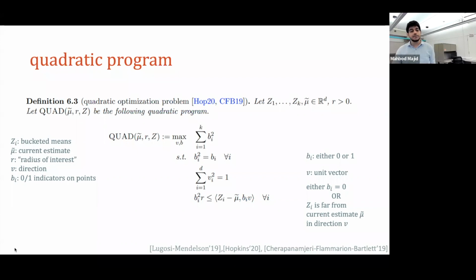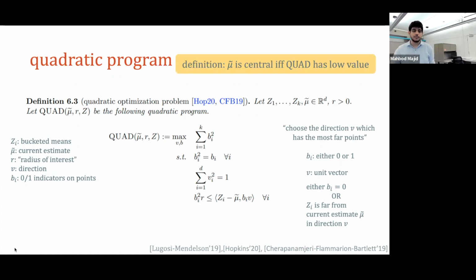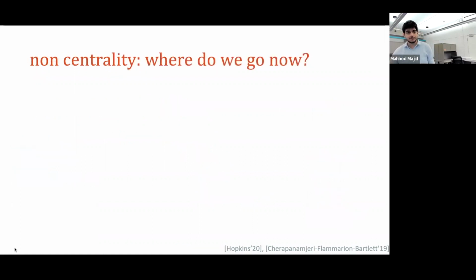Now, if a point has a high quad value, then it's going to not be a good candidate. If it's going to have a low quadratic value, it's going to be a good point. It's probably going to be a central point. So now mu tilde is central if and only if the quadratic program has low value. Okay.